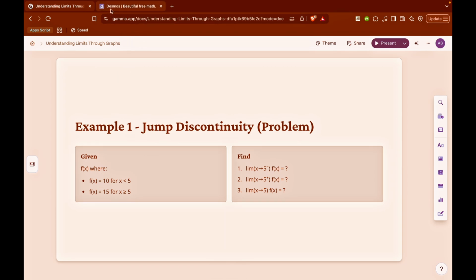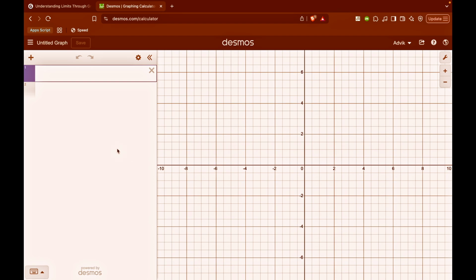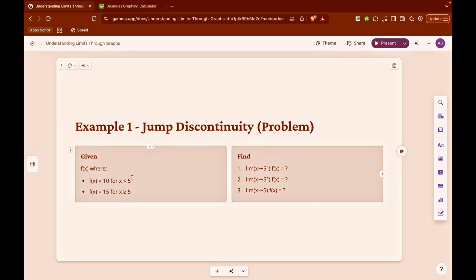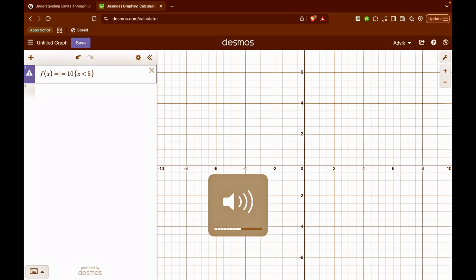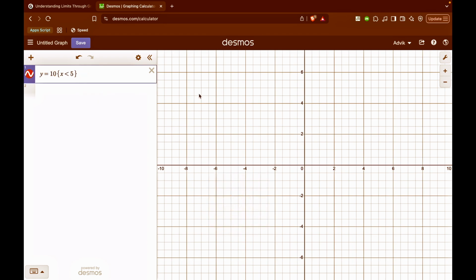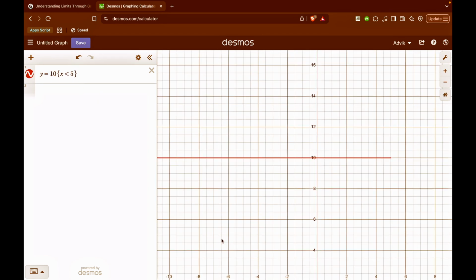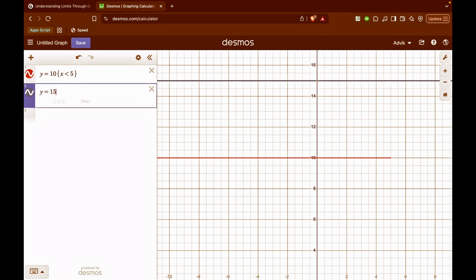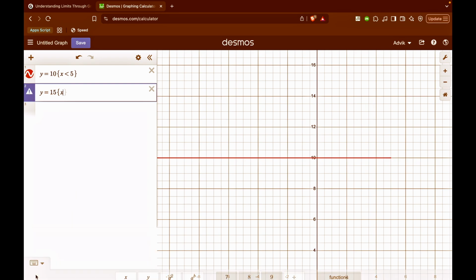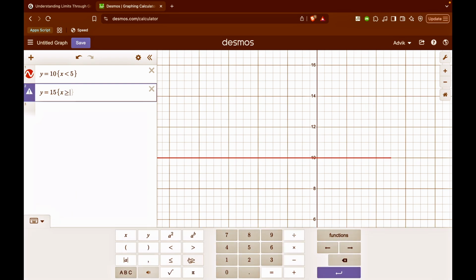If we switch over to Desmos and we open up the graphing calculator, what we have here is, instead of f of x, we need to do y is equal to 10 for x is less than 5, and y is equal to 15 for x is greater than or equal to 5.